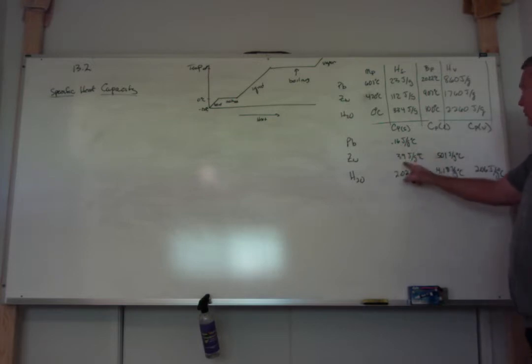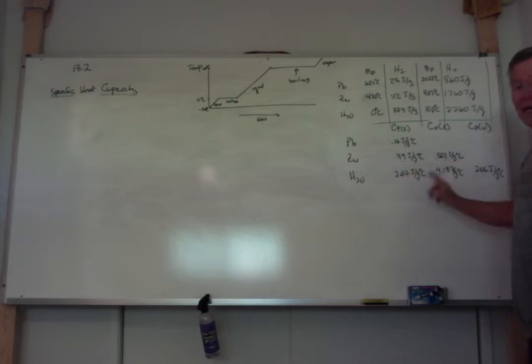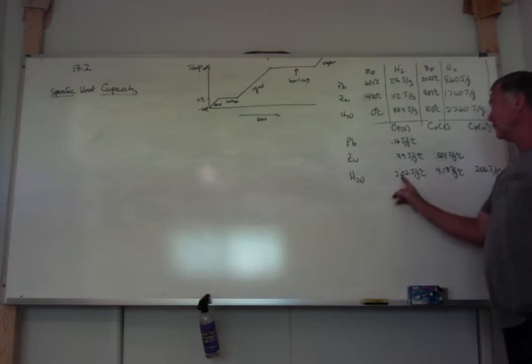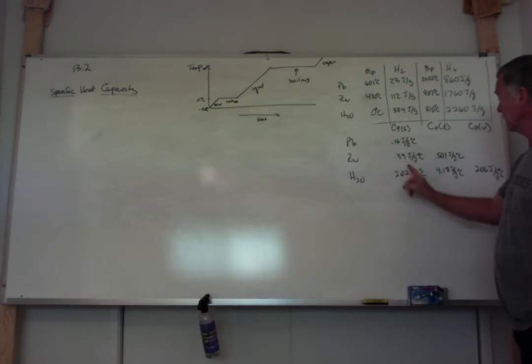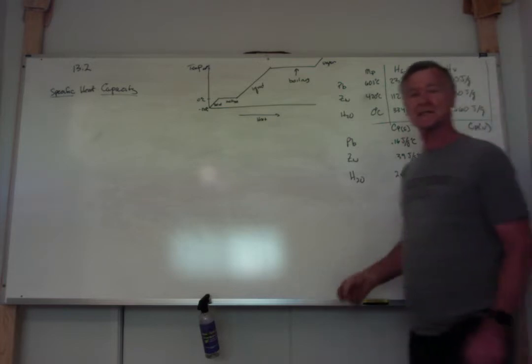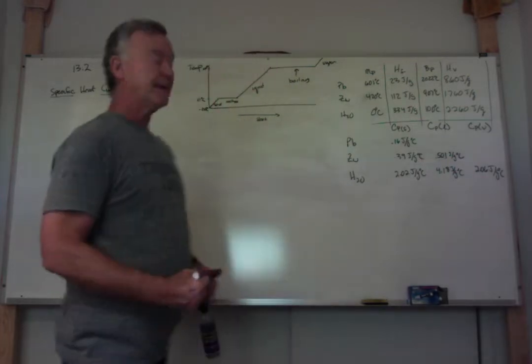Zinc is about twice as much, or actually closer to 2.5 times as much, 0.39. As a liquid, it's 0.501. And for water, we have for ice 2.02, which by the way is a lot bigger than those, 4.18 and 2.06. Now what does that unit mean?